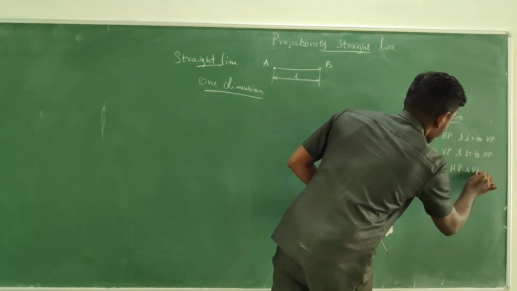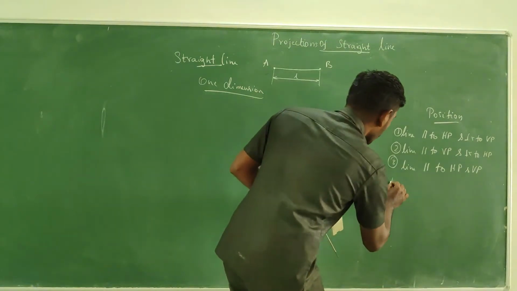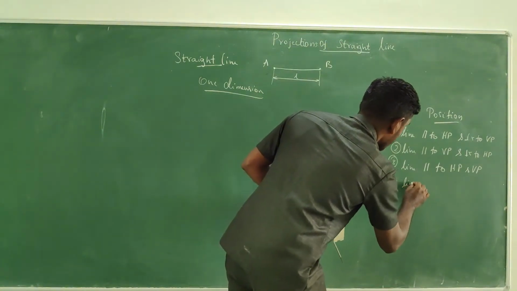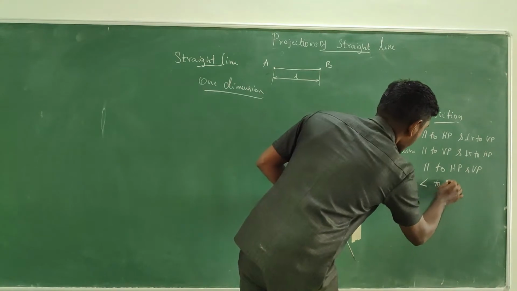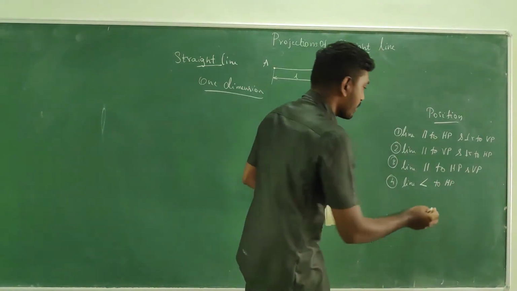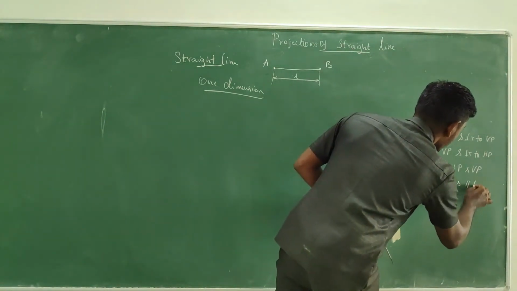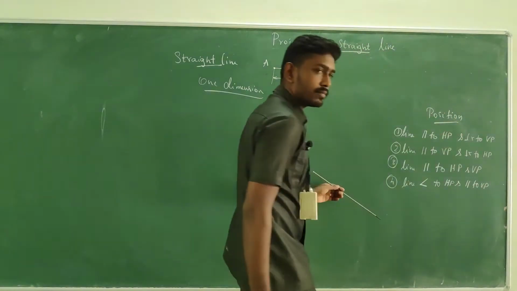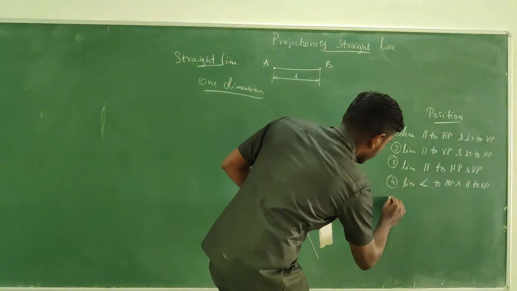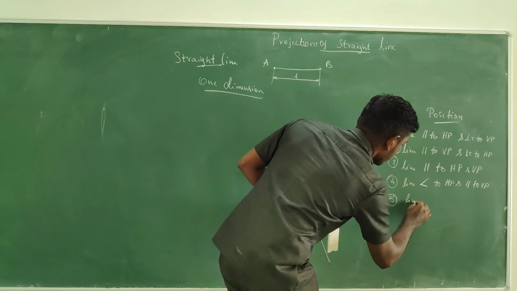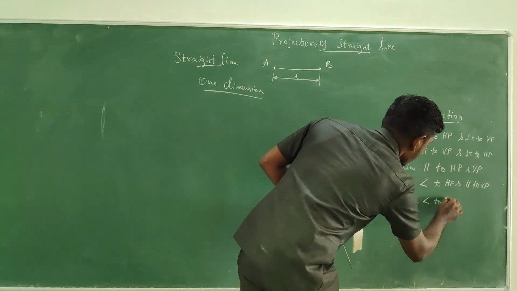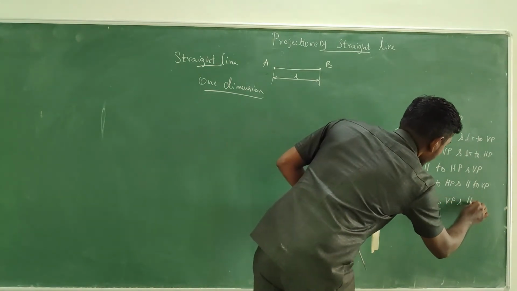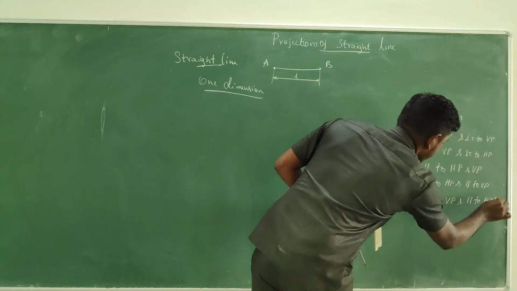The fourth one is line inclined to HP and parallel to VP. The fifth one is line inclined to VP and parallel to HP.